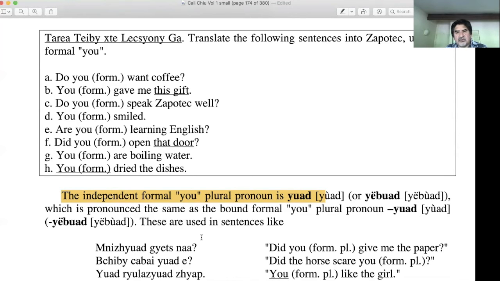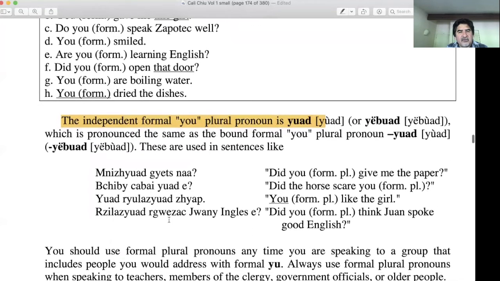Remember that the singular is you, and now it's youth. So in order to say, did you, formal plural, give me the paper, like you guys, I would say, ni should yetsna.